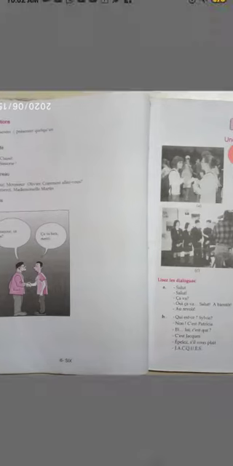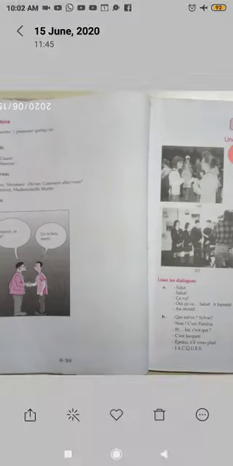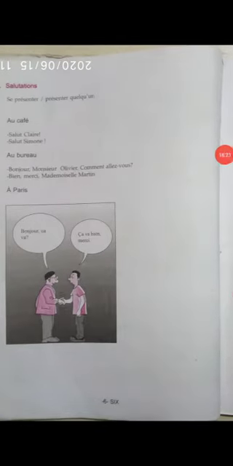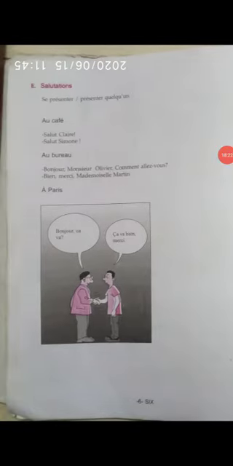Next, moving on, you have a situational conversation. In this topic on this page, you will learn how to do a situational conversation. So salutation, ignore the date and the time that's on the top, but let's do the salutation.